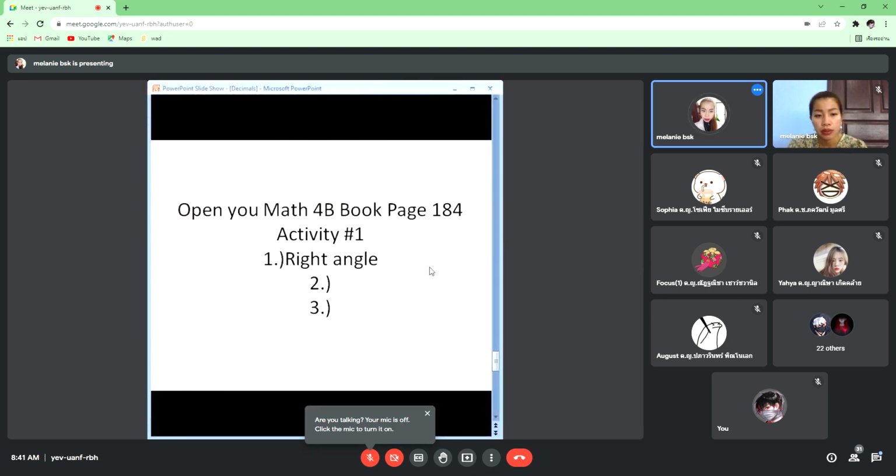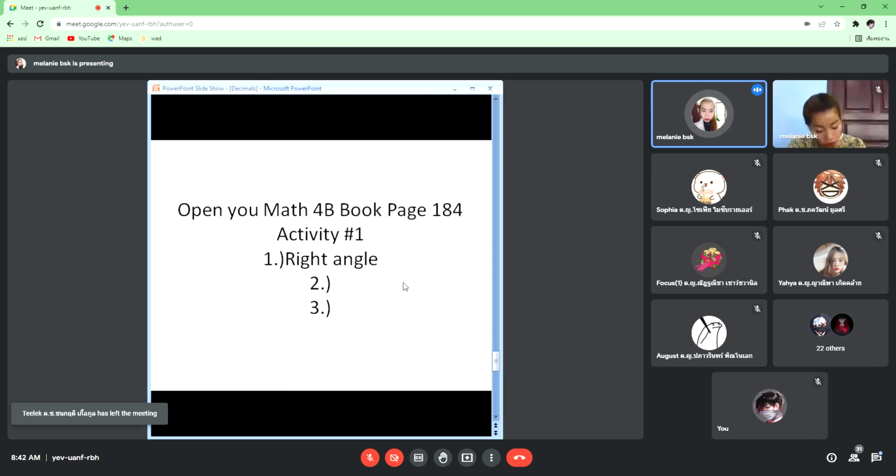Okay, there you go. So we have here, number one, the minute hand and the hour hand form a right angle. How about number two? Is it a right angle?